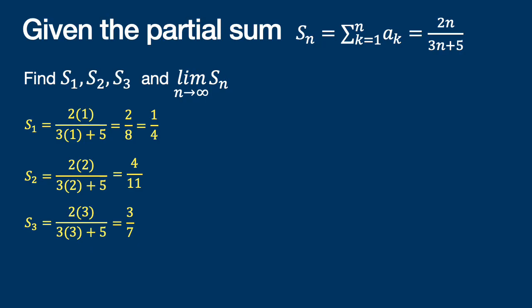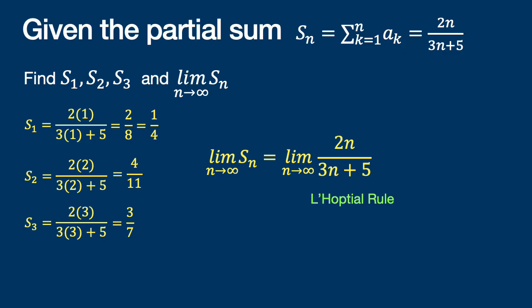Now, we're going to find the limit of partial sum. The limit as n approaches infinity of S_n, which is 2n over 3n plus 5. That's the fraction form. We can use L'Hopital's rule, guys. Take the derivative of 2n, which is 2. Take the derivative of 3n plus 5, that's 3.